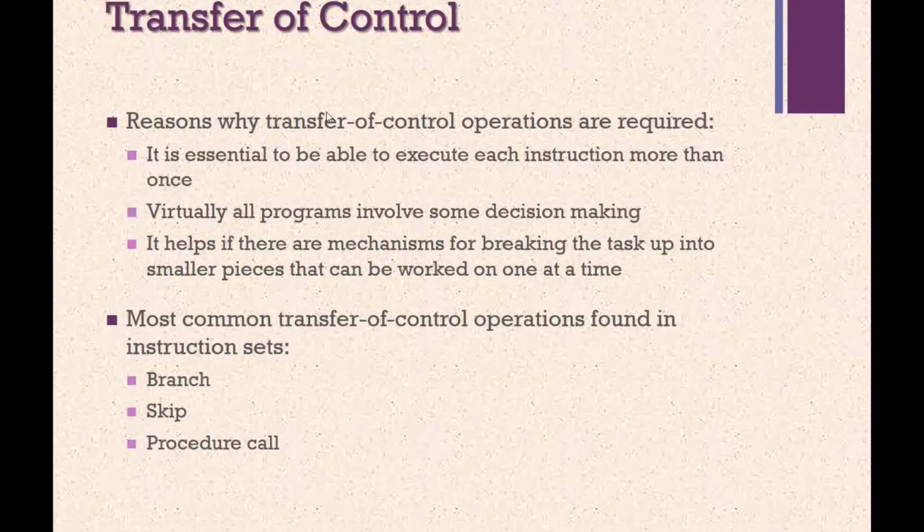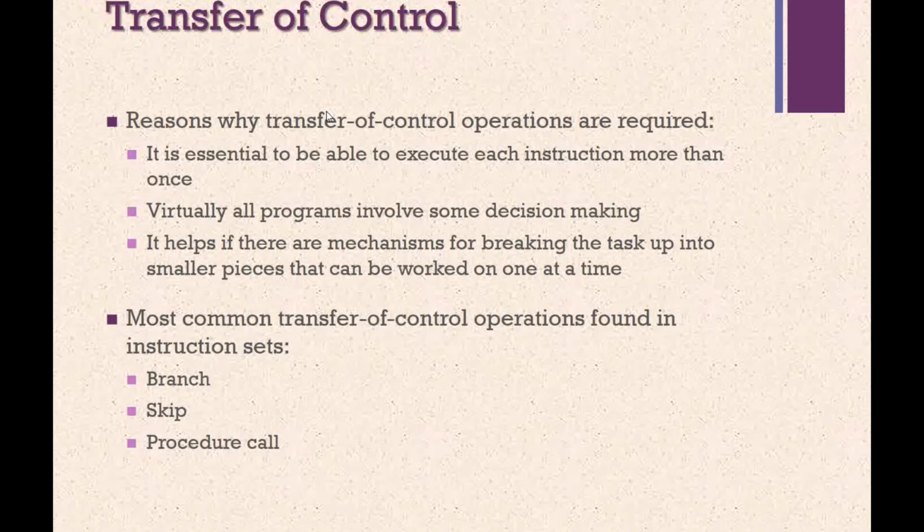Why do we want transfer of control operations? The main reason is that it is necessary to be able to execute an instruction more than once, that is, to execute instructions multiple times.